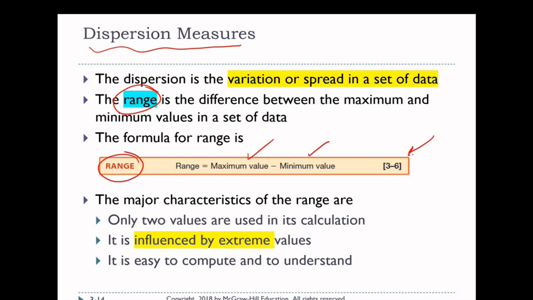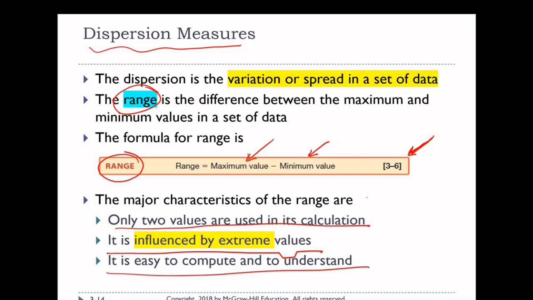If you remember, when calculating the frequency table, we found the range, which is maximum minus minimum. What's the major characteristic of the range? It uses only two values, so it's affected by extreme values. It's easy to compute.